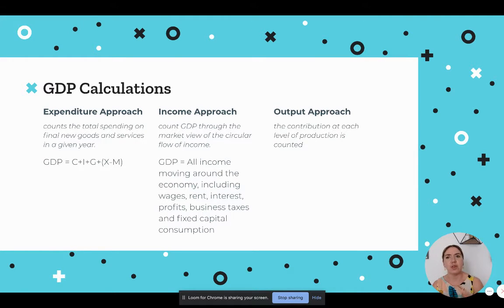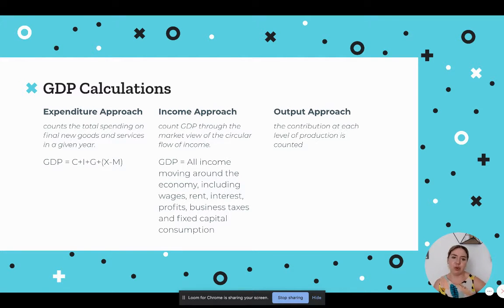And we also include fixed capital consumption. So that's where the business spends on major capital infrastructure in a year, or in whatever the time period is. So this income approach, if we were to calculate it, should equal our expenditure approach. Fundamentally, they are the same thing, okay? One is the money going out, one is effectively the money coming in. So that would be our income approach.